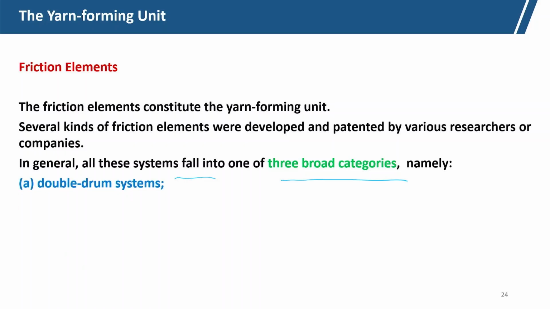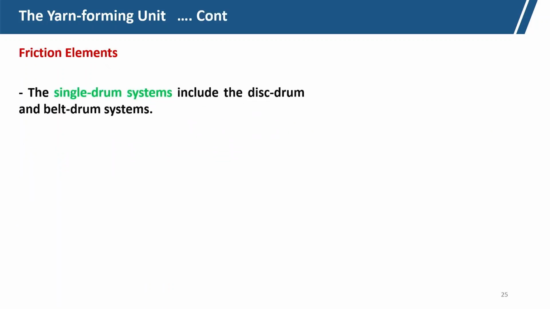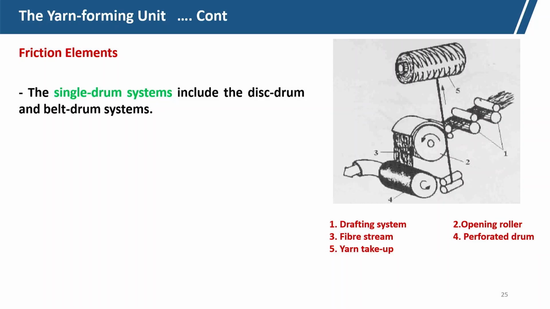Double drum system, single drum system, and drumless system. So, let us discuss the friction element. The single drum system includes the disc drum and belt drum. Here we can see in DREF 1, which is a single drum system.